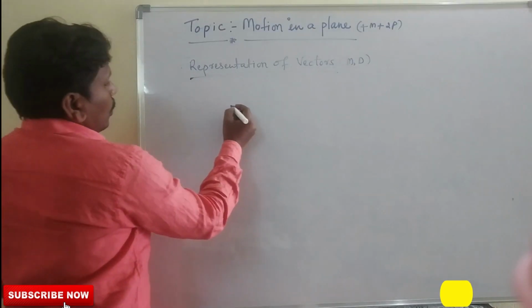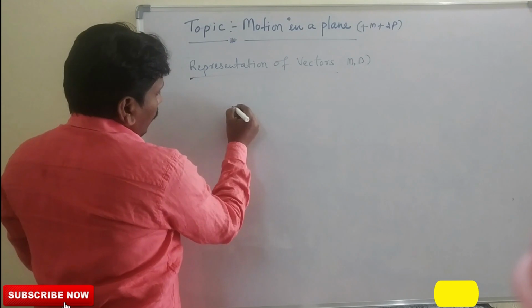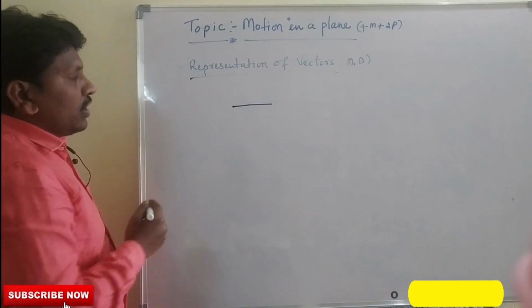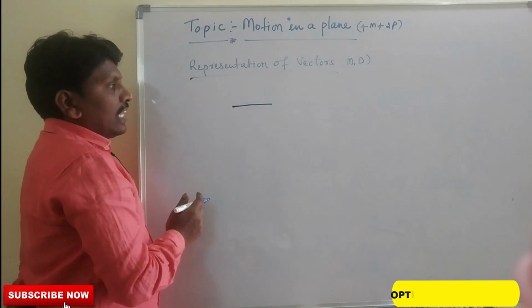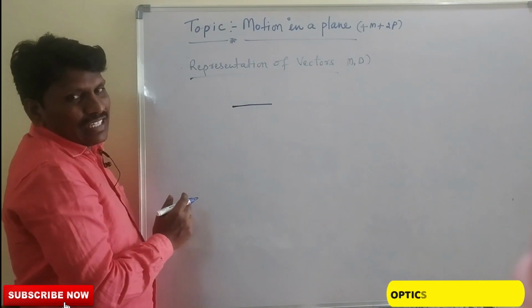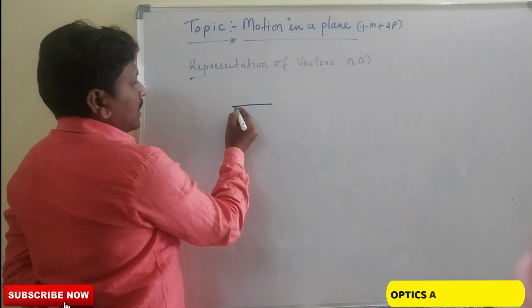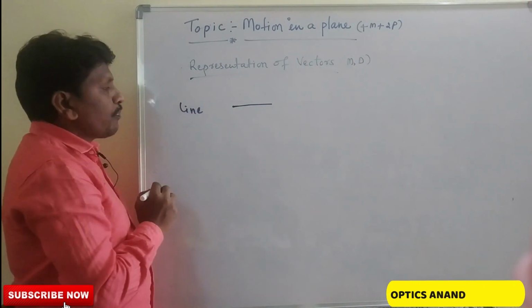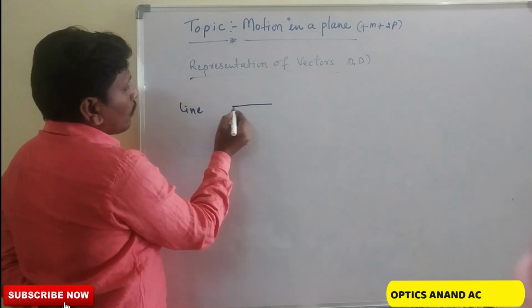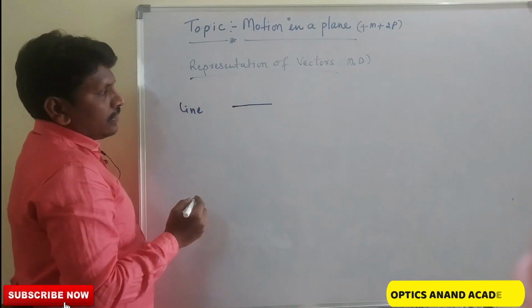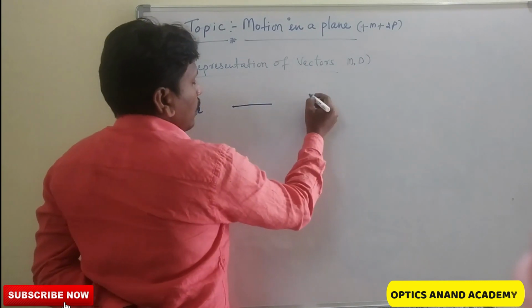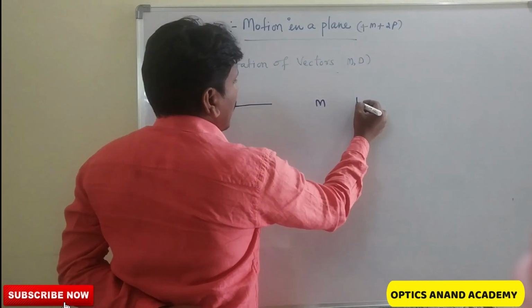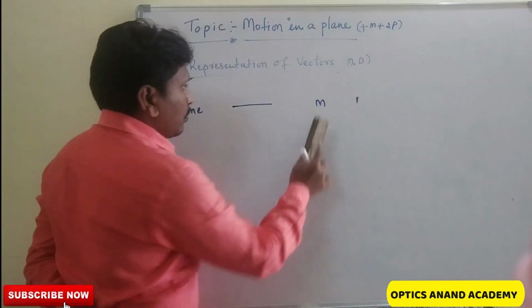So, for example, this is known as a line segment. First let us see what is meant by a line. It has magnitude and direction here. I will explain simply.